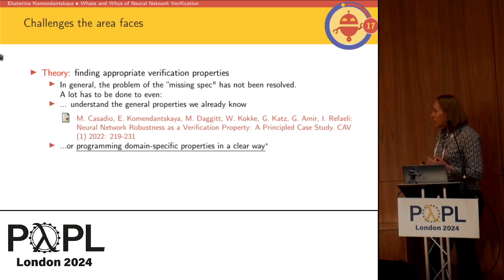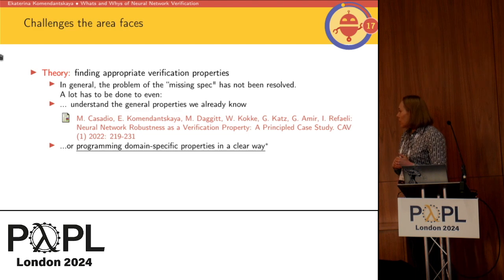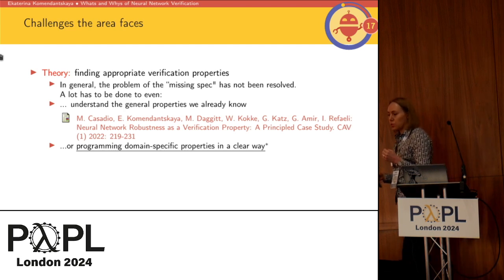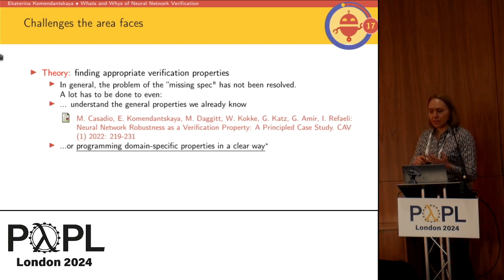There's also a lot that has to be done on programming domain-specific properties like ACAS Xu in a clear way. So what we found, there are plenty of bugs in the software related to the fact that the engineer stated what the aircraft should do in what we call problem space, in the language that the engineer knows, which is velocity, distance, angles.